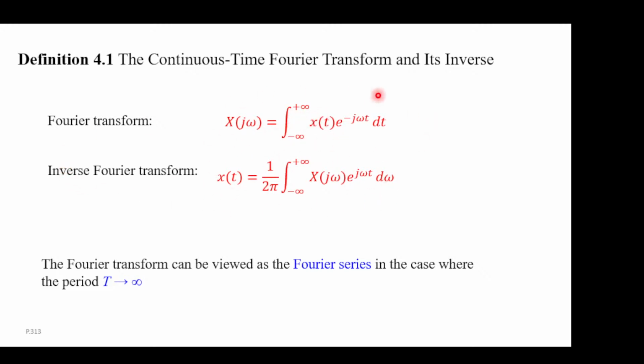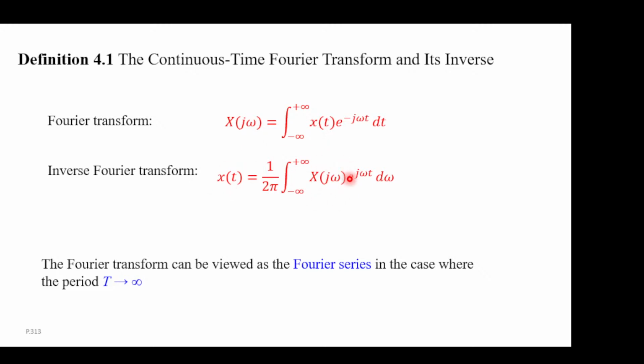And then we also have this analysis equation. We have this big X of j omega, and we can calculate it from our x of t by this formula: x of t times e to the minus j omega t dt, integrating over all t. Once again, because we have this back and forth relationship, big X and small x have the same amount of information.